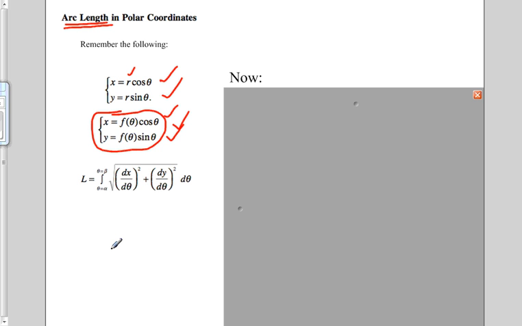So if we think about what dx d theta is, using this, dx d theta using the product rule is going to be f prime of theta times cos of theta plus f of theta times minus sine theta.